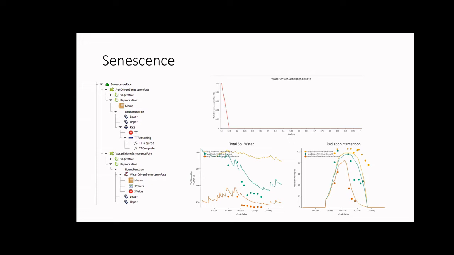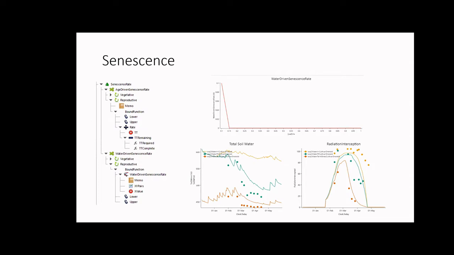senesce. So we had the age-driven senescence rate, which is typical for many of the other models in the PMF framework. And this is more of an accelerated senescence the closer you get to maturity, based on the thermal time alone.